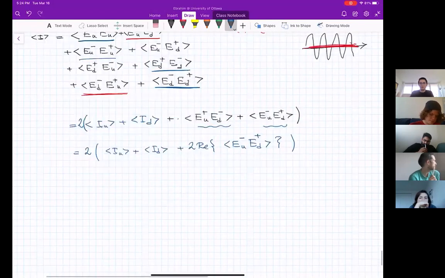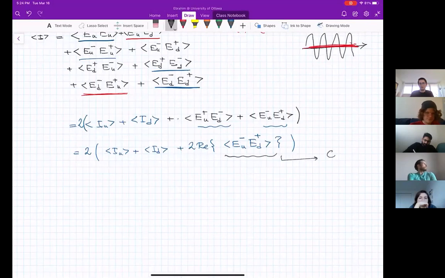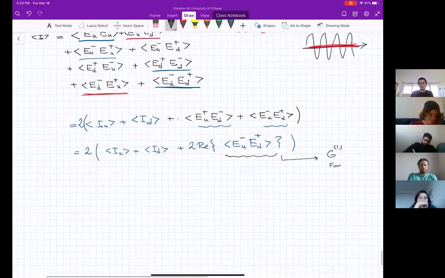Essentially, people call this term the G1 function. I will elaborate a little bit more on this, and you will get a further feeling about the situation.